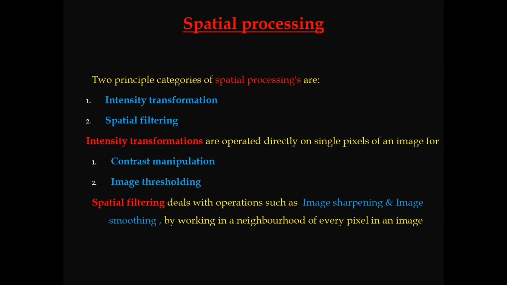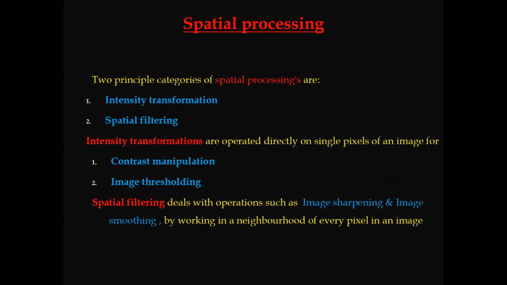So what is spatial processing? The two principal categories of spatial processing are intensity transformation and spatial filtering. In spatial processing, we perform these two categories of operations.